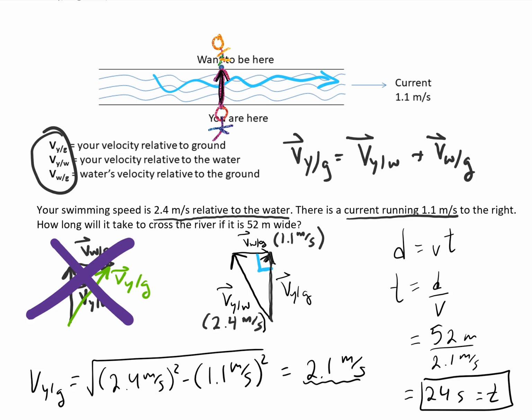Okay, now we make some assumptions when we do this. One of the assumptions that we make is that the person crossing the river is really smart and skilled at crossing rivers and currents, and that they're going to choose this angle exactly perfectly.